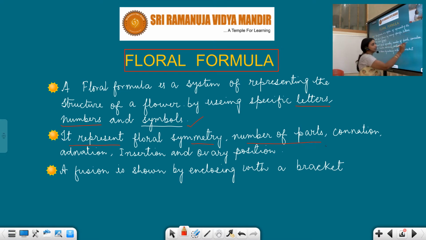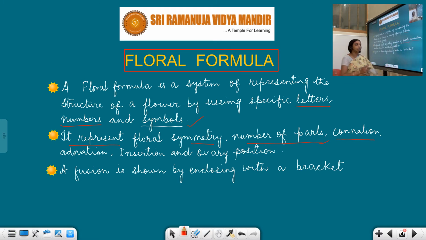And the number of parts, that means the number of floral whorls present, the number of calyx. If there are 5 calyx, we can write 5, and if the corolla is 5, then we can write C is 5. So it also represents the number of parts. And the connation, that means cohesion.